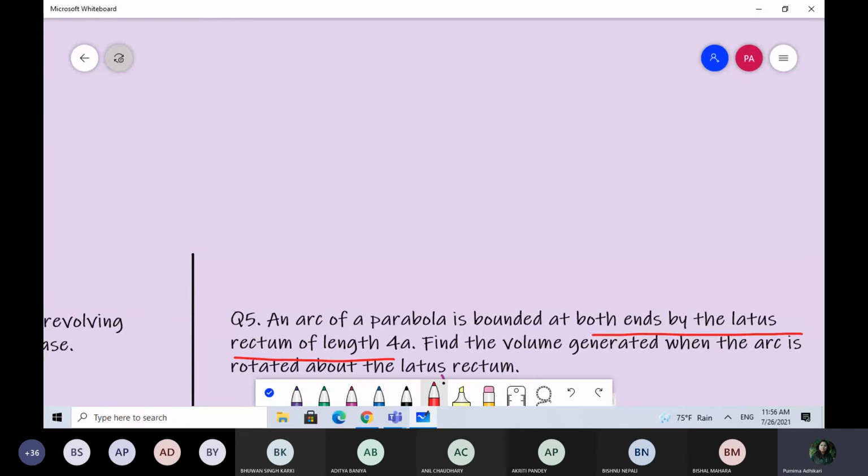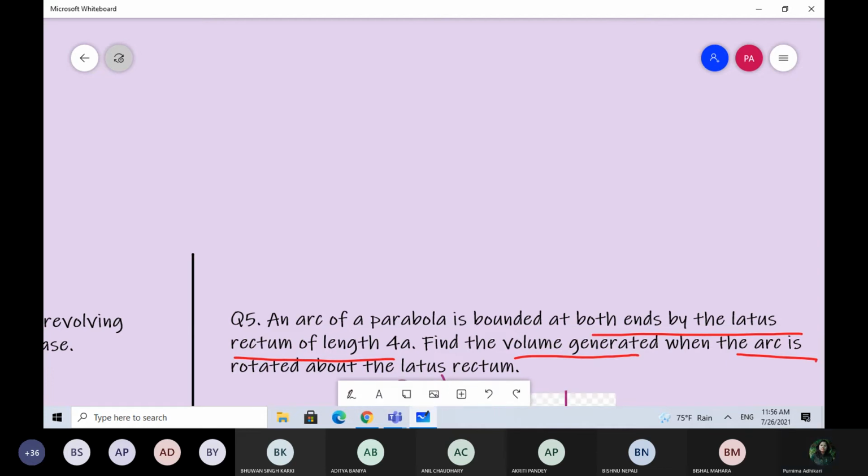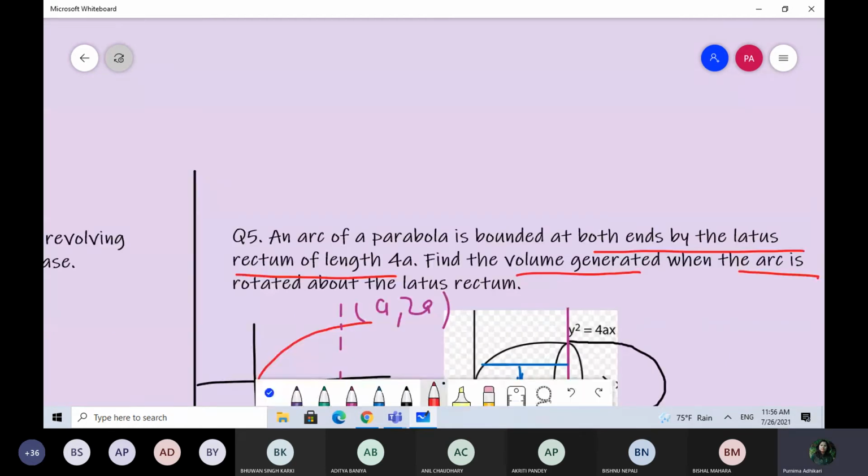And what does the question say here? Your scenario is totally different. Here your volume is generated when this arc of the parabola is rotated about its latus rectum. Rotation about the latus rectum, okay.